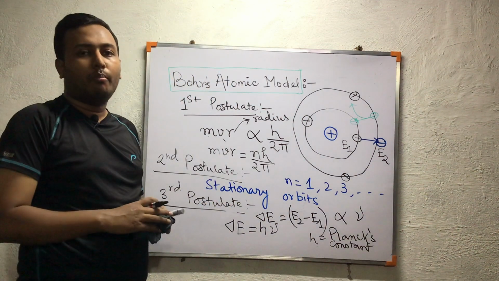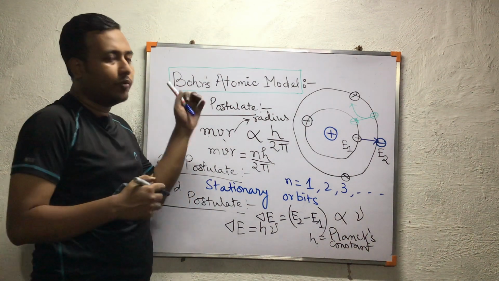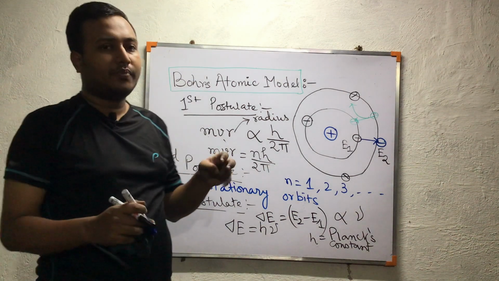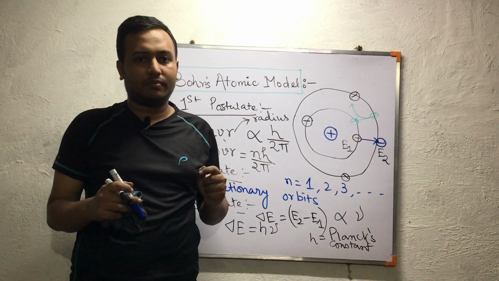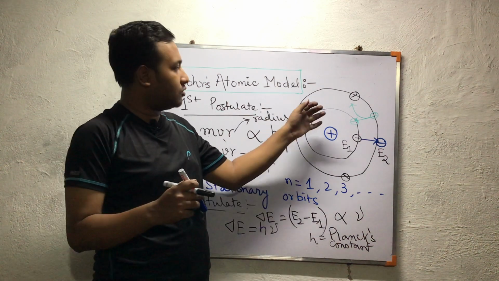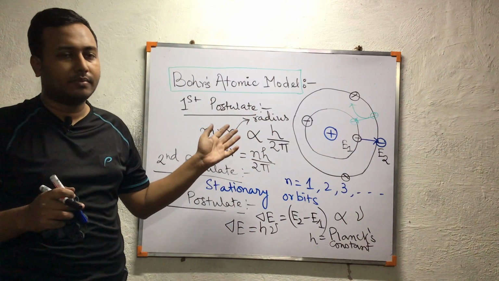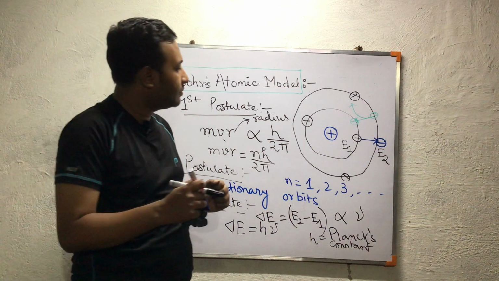These are the three important postulates of Bohr's atomic model, and from these postulates we can calculate the radius of a particular orbit, the velocity of the electron revolving in such orbits, and the energy of the electron in the orbits.